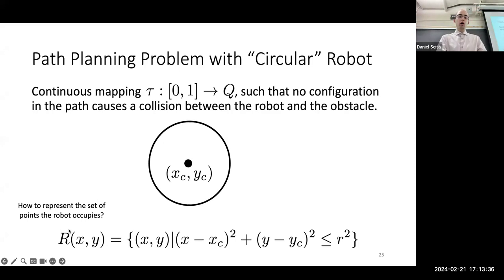R of X and Y is equal to the set of all possible 2D points such that the point XY is within distance R of the center. Here we're just squaring everything, but it's the same as the distance has to be less than or equal to R. So again, this represents the set of all possible points that the robot occupies, so it includes the interior.